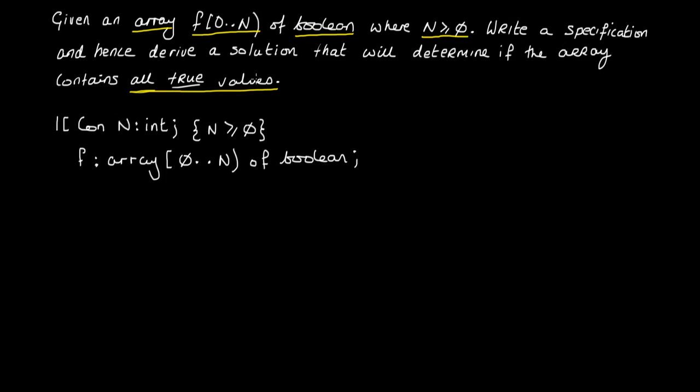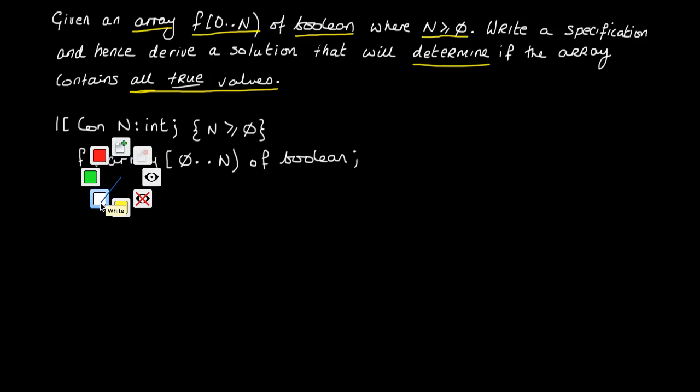We're doing that now, but the thing that we're asked to do is check to see or determine if the array contains all true values. So at the end of this program, we're going to have an answer. So we need to have a variable to store the outcome of this program.